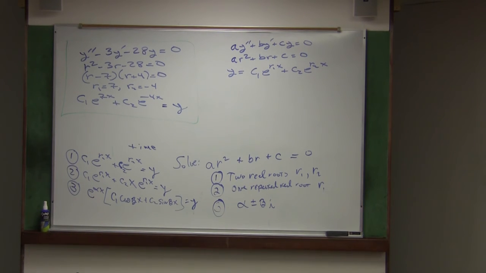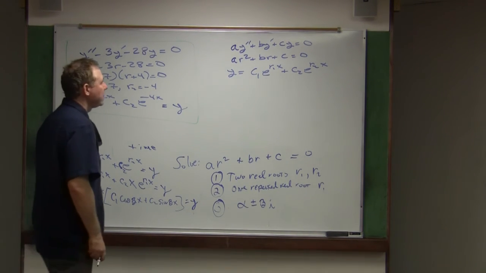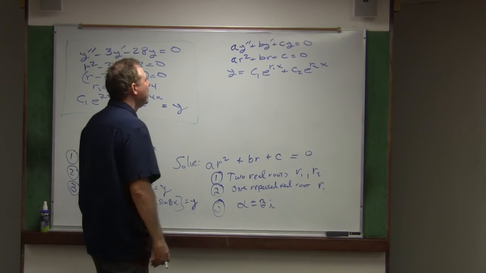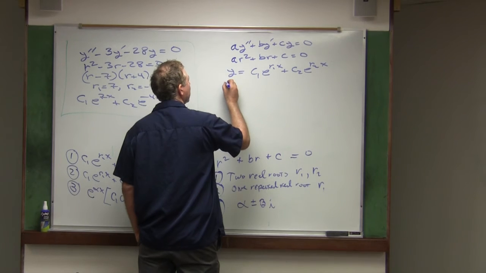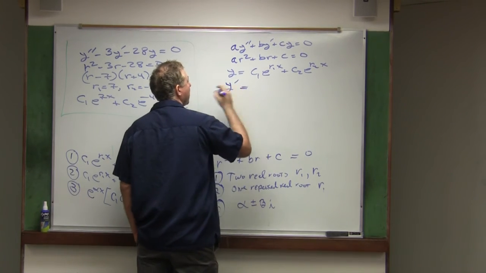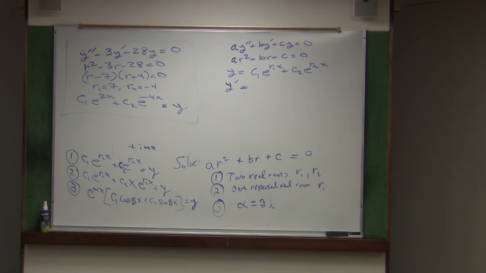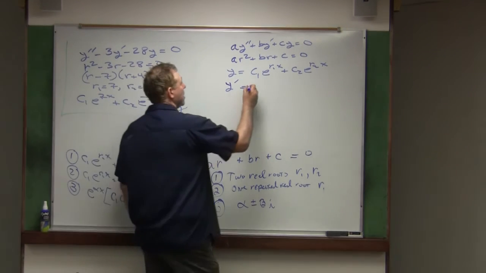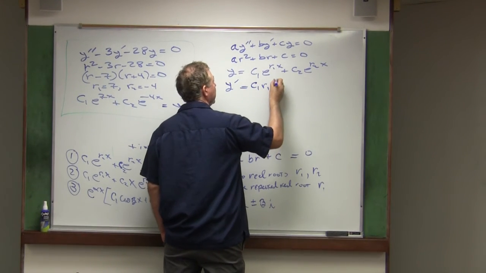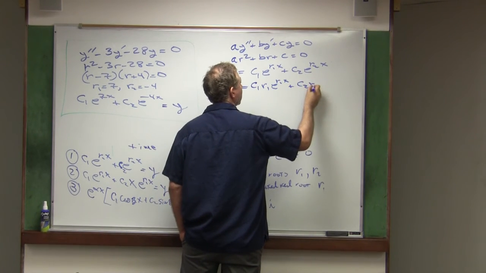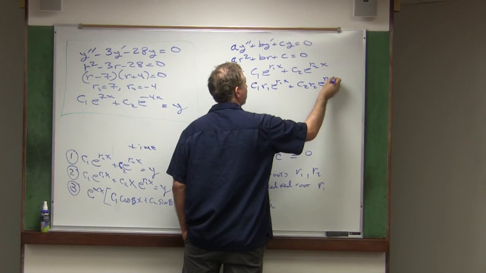So in other words, let's take the derivative. What's the derivative according to the chain rule? So differentiate y. Is it c1 r1 e to the r1 x? Yes. c1 r1 e to the r1 x plus c2 r2 e to the r2 x.